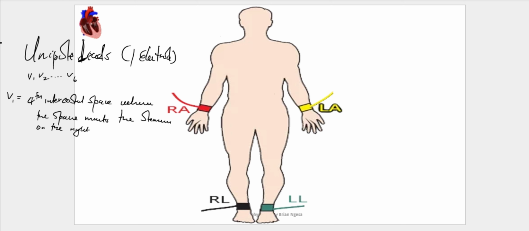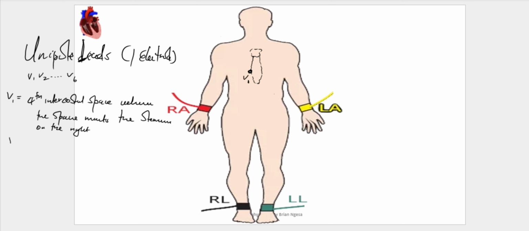That is if this is to be a sternum, almost looking like a tie. So on the fourth intercostal space, this is where you anticipate to place your V1.